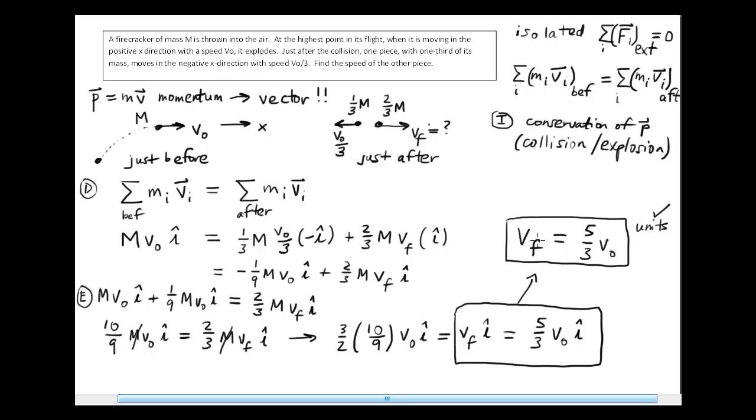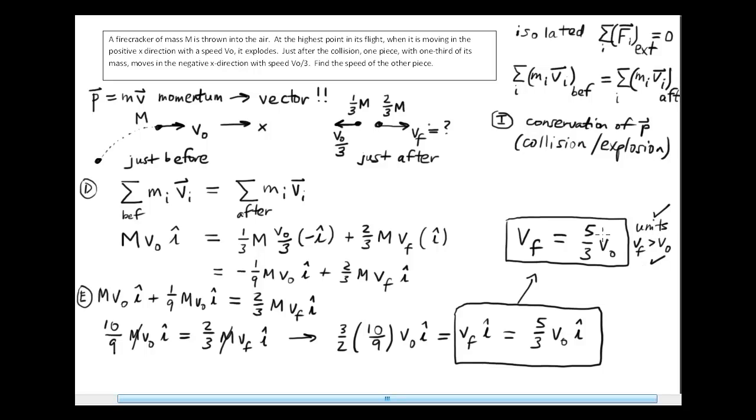It also makes sense that it's a little bit larger than v0 because it has to end up with total momentum in the x direction being the same as what it was originally. And since the fragment 2/3 m is less than m, the final speed will have to be greater than v0. So v final is greater than v0 as expected, so I'll put a check by that as well.